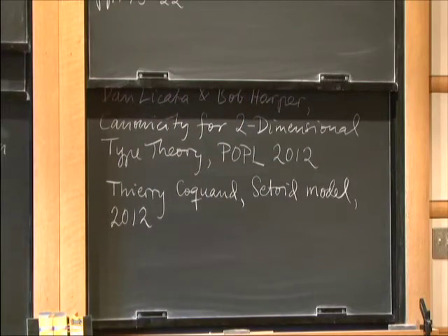Now there he established precisely this, but for the simple theory of types and for the standard notion of isomorphism between individuals that you have at the bottom of the simple type hierarchy.